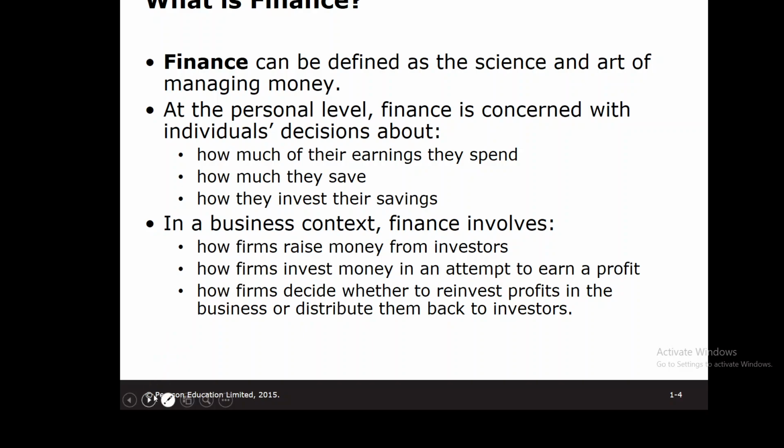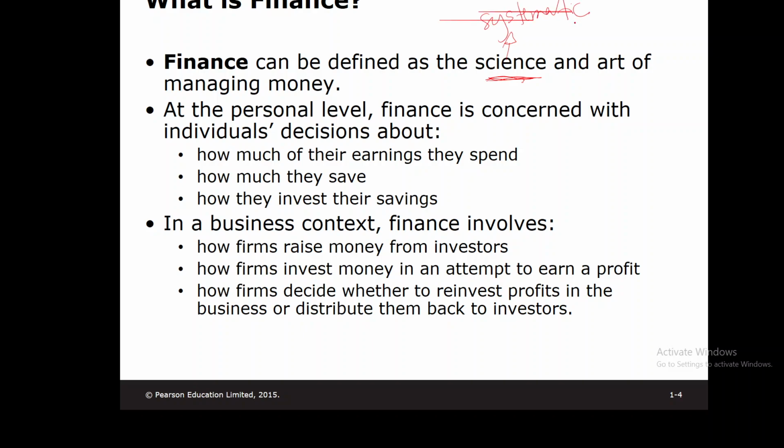Now, let's take a look at the definition of finance. Sabi dito, it's a science. So if it is a science, the question that you have to ask yourself would be, what is science? Well, when you say science, it is systematic, right?